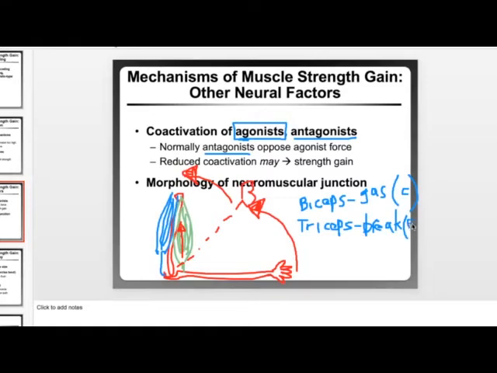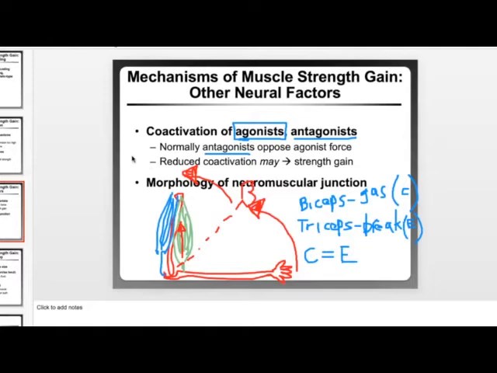And they're firing eccentrically to slow down the flexion of the arm. All right. What happens if the biceps fire concentrically with the same amount that the triceps fire eccentrically? What would happen then, Aubrey? Would there be no movement? Absolutely correct.